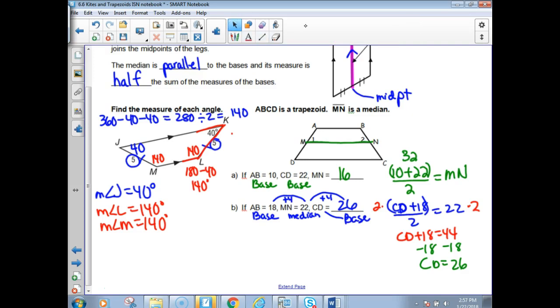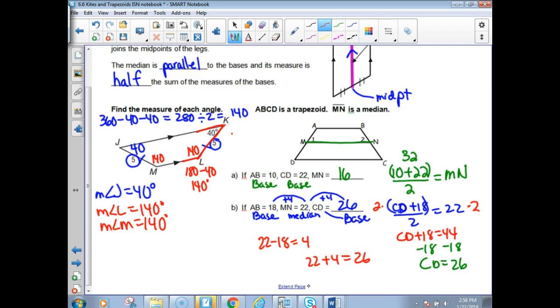So I've tried to give you options of how to think it out. Whatever is most comfortable for you is great, as long as you get it right, of course. We want to get it right. So here's another way to think it out. AB and MN. It's just what I was doing up here. You could say 22 minus 18 equals 4, and then 22 plus 4 gave me 26. I found the difference between the smallest and the medium one, and then I added on that difference to the median to get the larger.